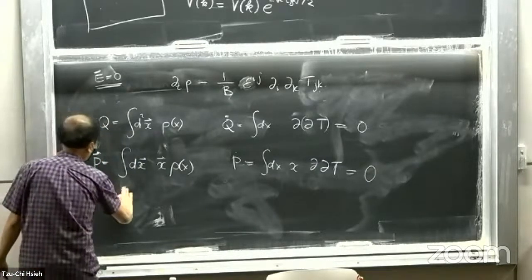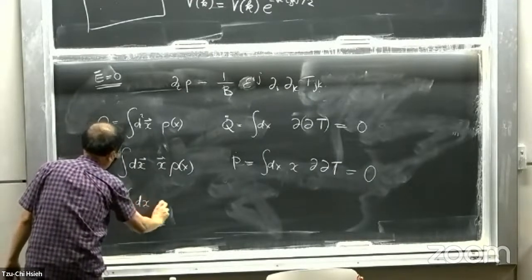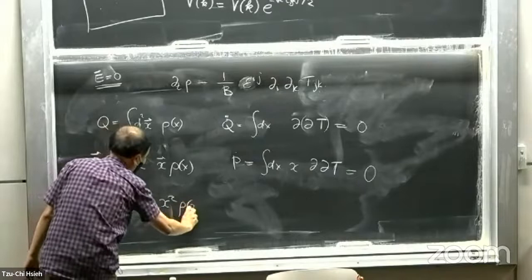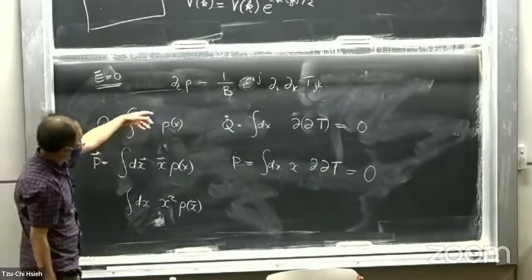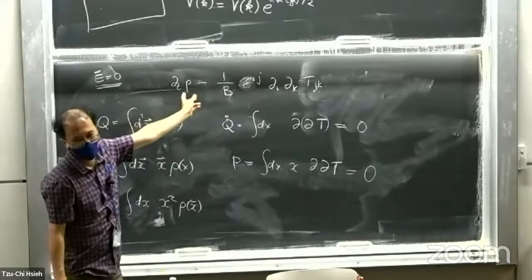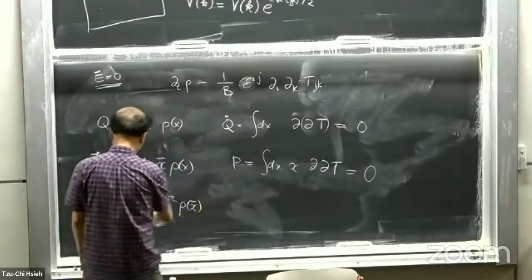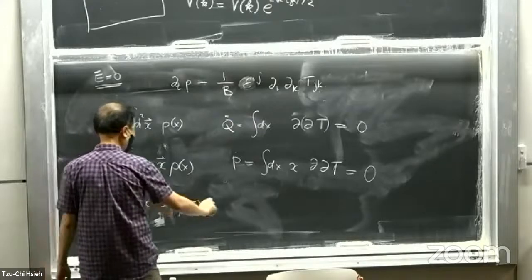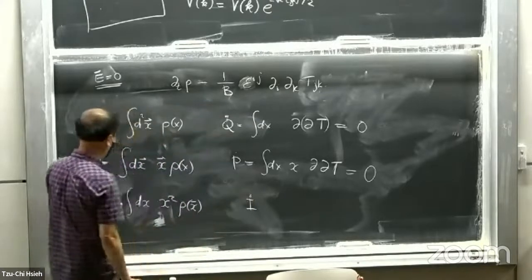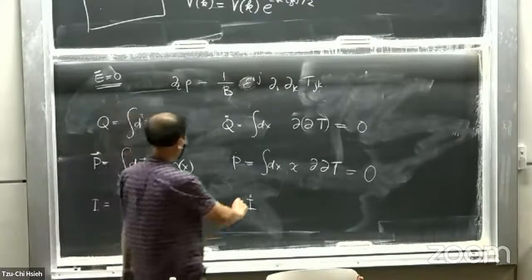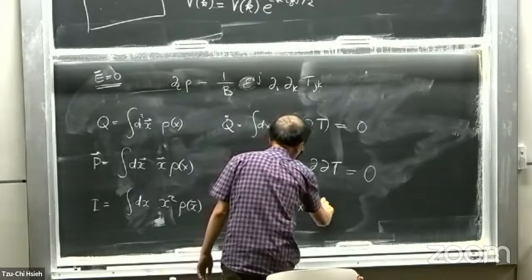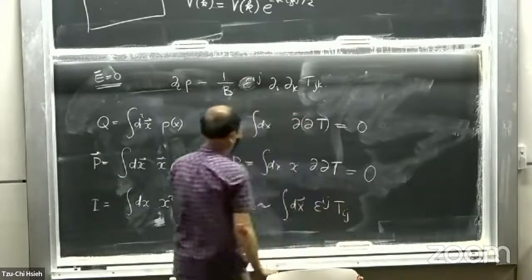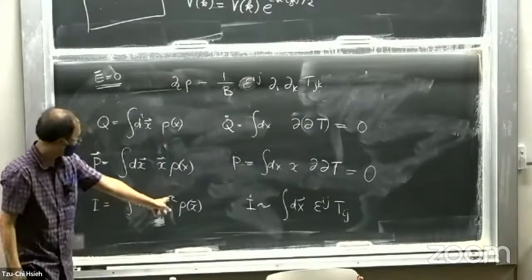And moreover, there is another conservation. One can write down x squared. This requires a bit of calculation, but as a homework exercise, you can convince yourself that the derivative of that quantity, let's call that I, looks like a moment of inertia, so I call this I. I dot is roughly equal to, after integrating by parts, the derivative acting twice on this x squared.